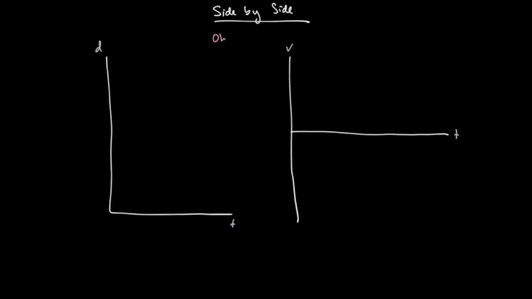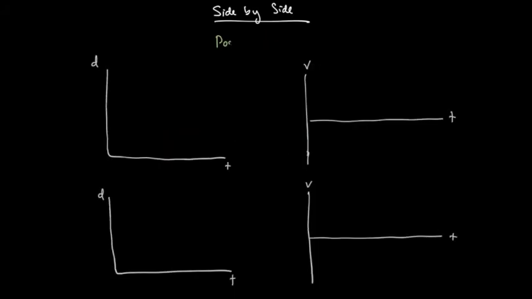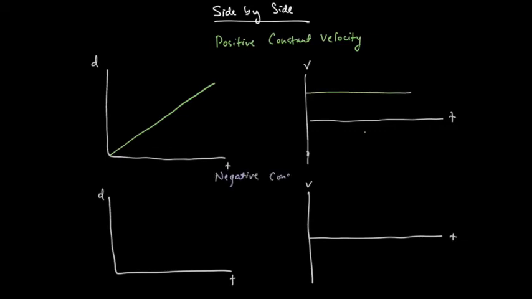So if we look at these graphs side by side, we're going to depict the same motion, objects at rest. And then here, we're going to look at positive constant velocity. And then below it is going to be the negative constant velocity.